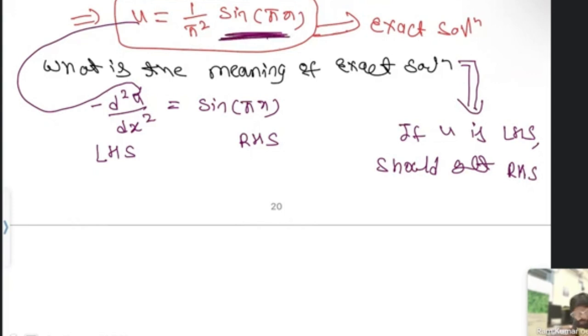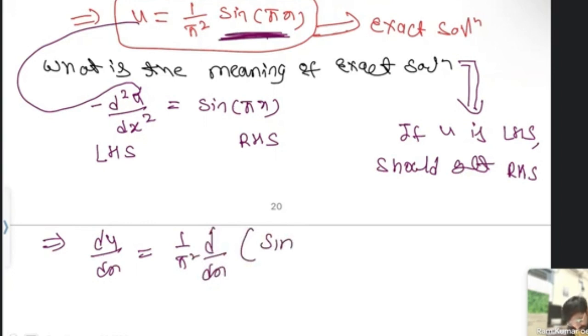Let's try. We have u, then we find the first derivative du by dx equal to 1 by pi square, then d by dx of sine pi x, which becomes 1 by pi square into pi cos pi x.